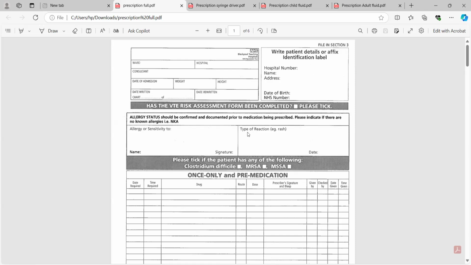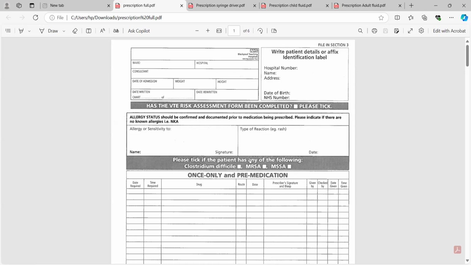If he has any type of reaction, for example rash, you have to write either rash or anaphylaxis, whatever it is, over here. Just below this, there's another part called MRSA or MSSA. Usually this MRSA is your task. Please tick if the patient has any of the following, like Clostridium difficile.